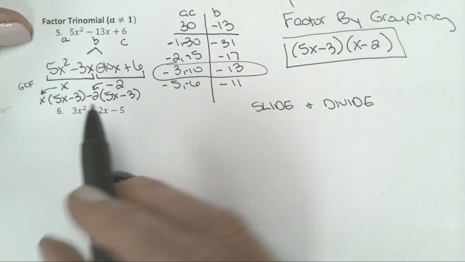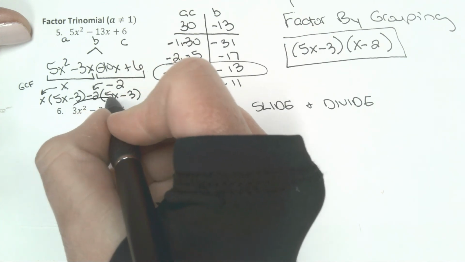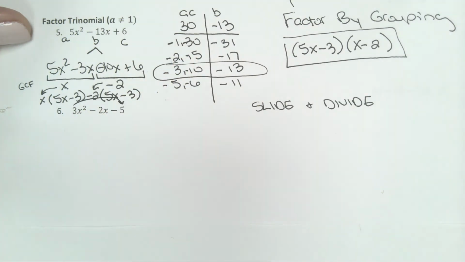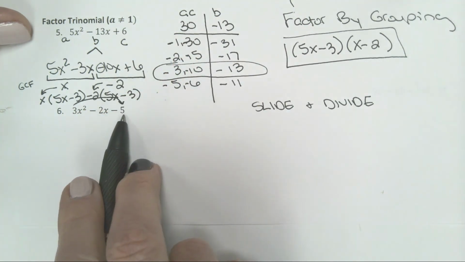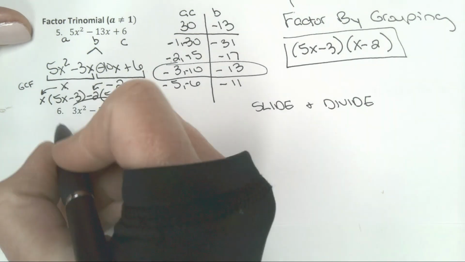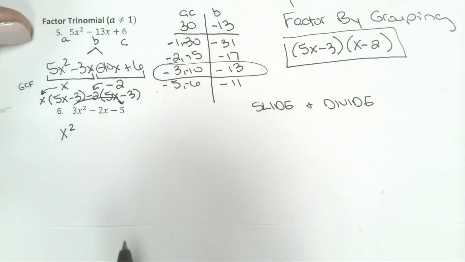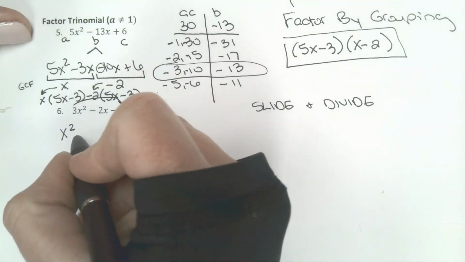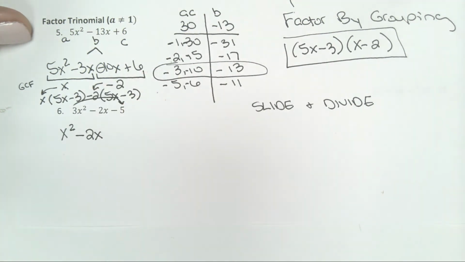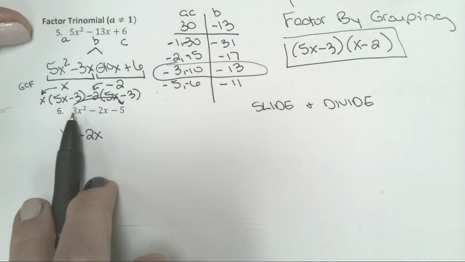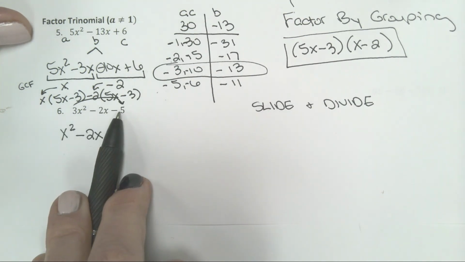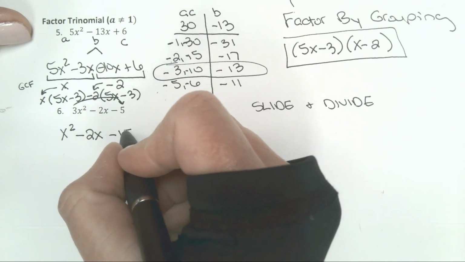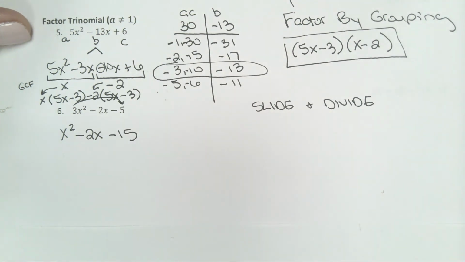So when you slide, you take your A term, and we're going to move it to the back. And when I move it to the back, I'm going to multiply. So I'm going to ignore the 3 here, and I'm just going to write down x squared. Your middle term never changes. It's minus 2x. And then you're going to take the 3 times negative 5, which is negative 15.